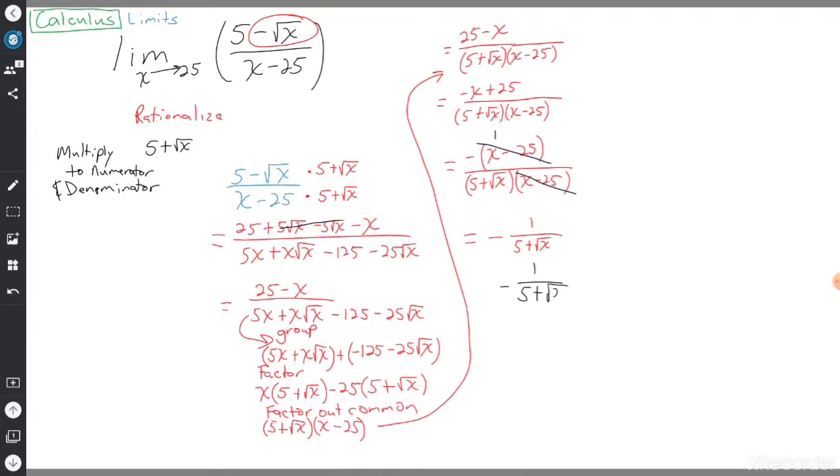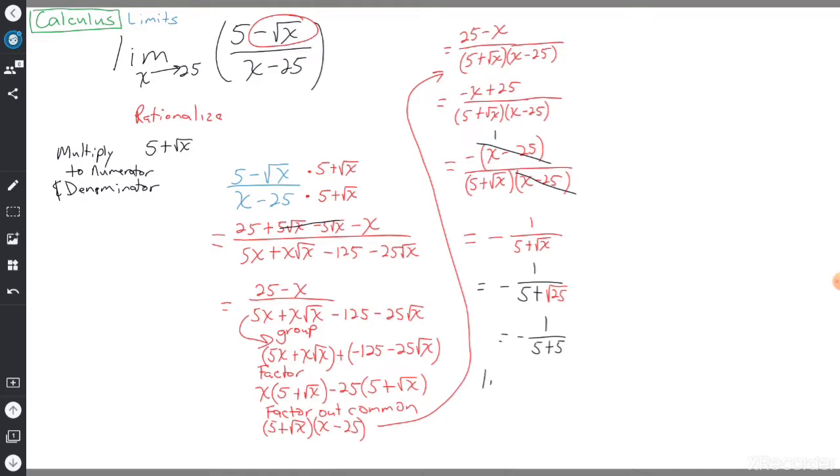So we substitute 25 in here. The square root of 25 is 5, so we're looking at 5 plus 5 in our denominator.